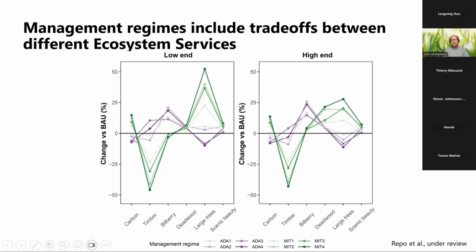What we can see here is that, for example, bilberry production was a little bit higher in the adaptive scenarios compared to mitigation scenarios, whereas large trees, which we used as a proxy for biodiversity, increased compared to business as usual under mitigation scenarios, where we are growing longer rotations as well as conserving the high volume old stands in the landscape.